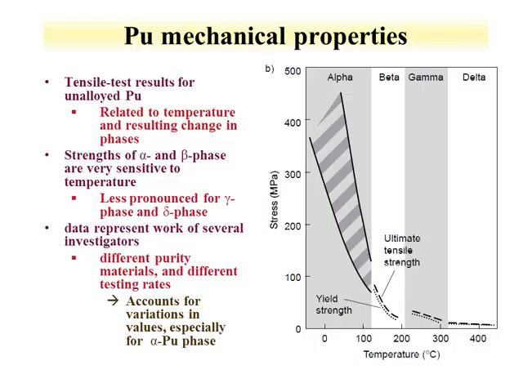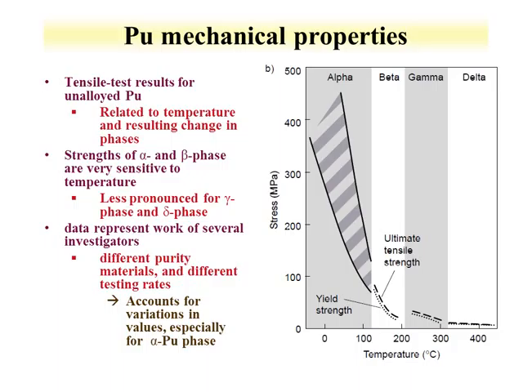The influence of temperature on the strengths of plutonium phases has been examined, and it's found that the alpha and beta phases are very sensitive to temperature, as we see that the stress changes dramatically as a function of temperature, where for the gamma and delta phases over here there is a less pronounced change.